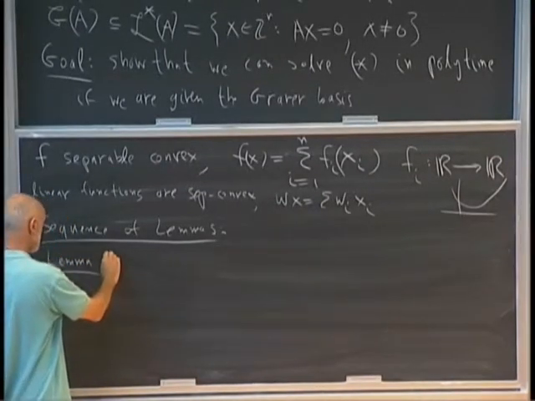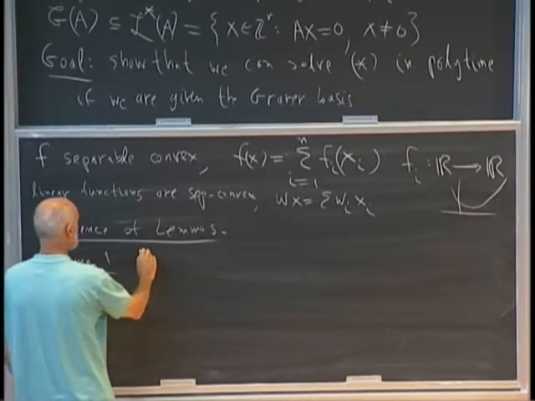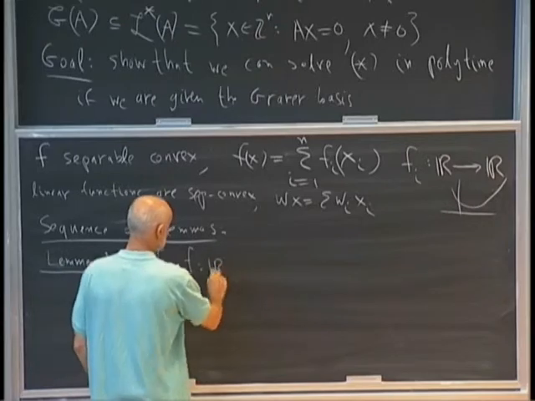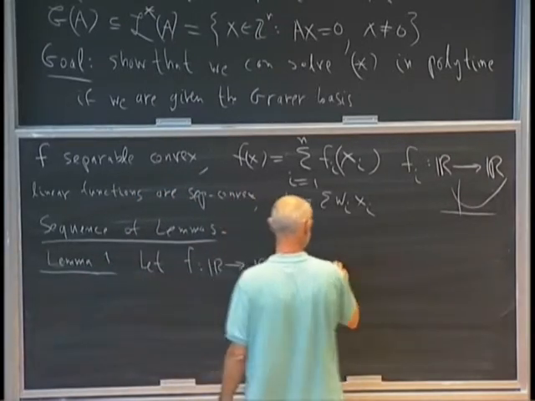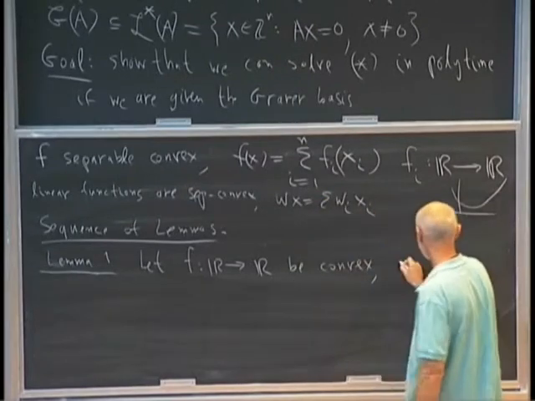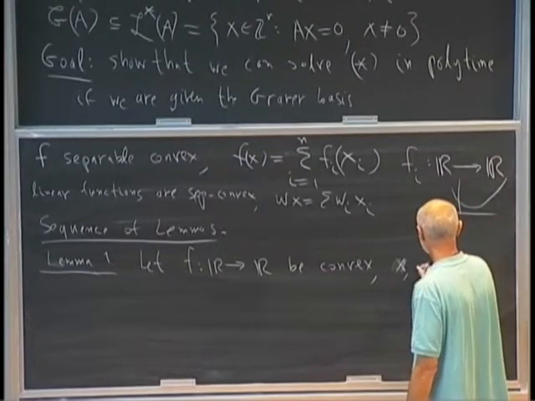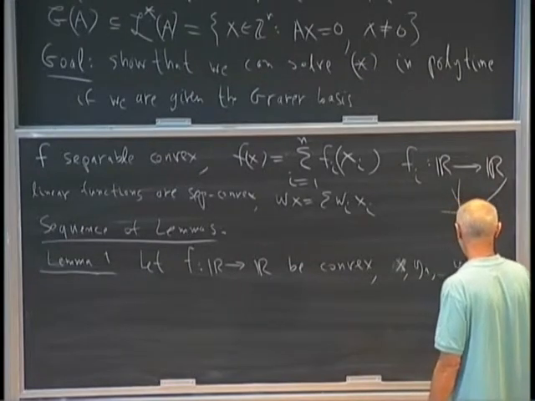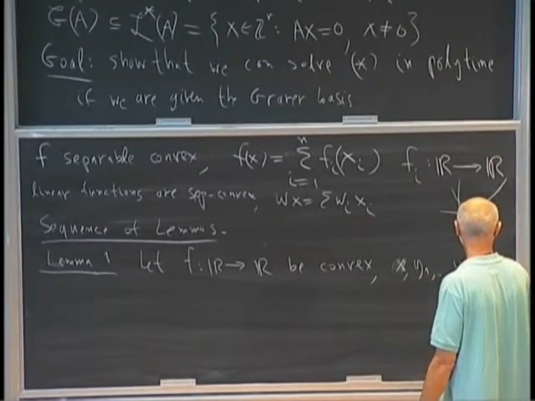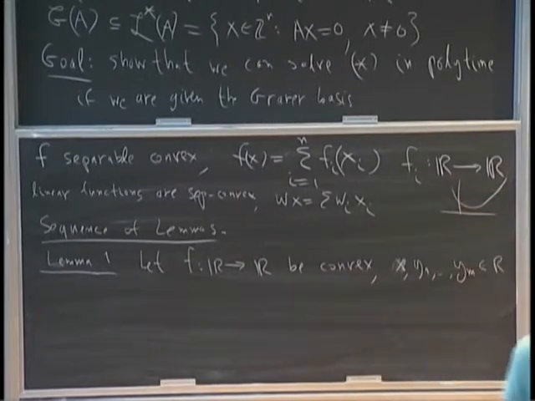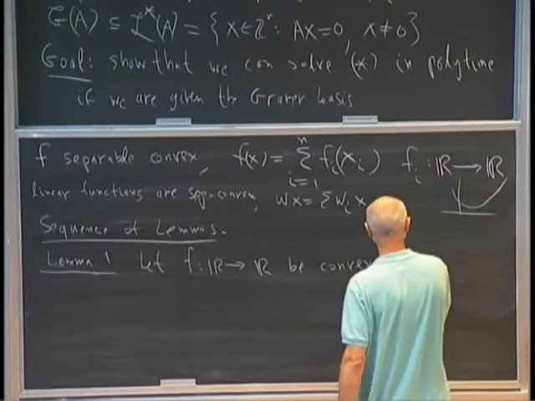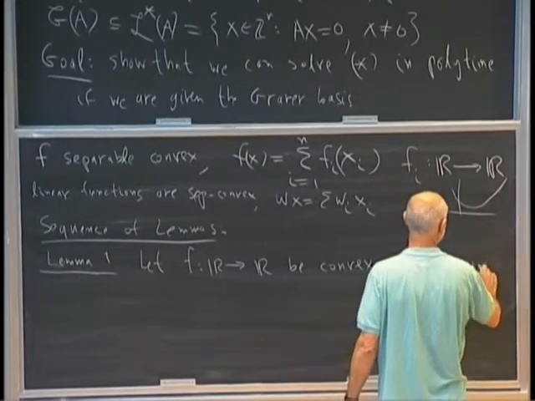Lemma 1. Let f be a univariate convex function, and x and y1, ym in R. Let me say that x is in R, and y1 to ym are in R plus.